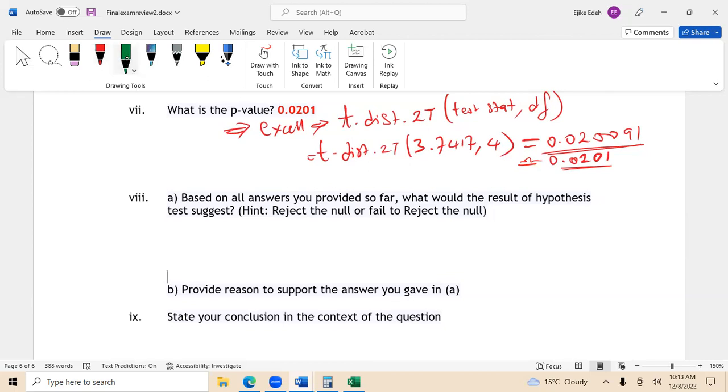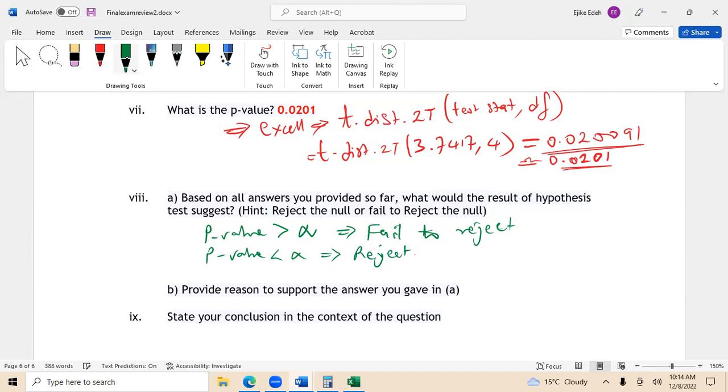So you know that if p-value is greater than alpha, then you fail to reject. But if p-value is less than alpha, then you reject. In this question, we know that we have the second scenario.